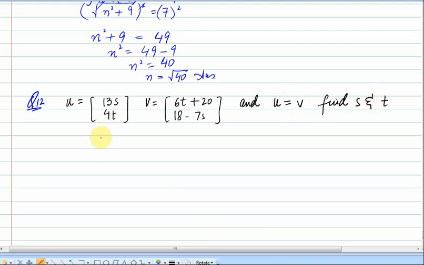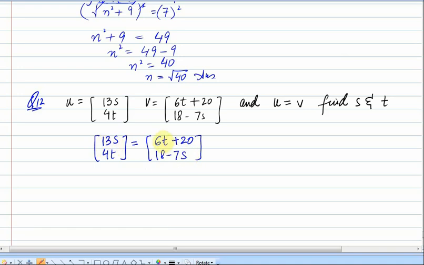It says u is equal to v, so (13s, 14) is equal to (6t plus 2s, 18 minus 7s).